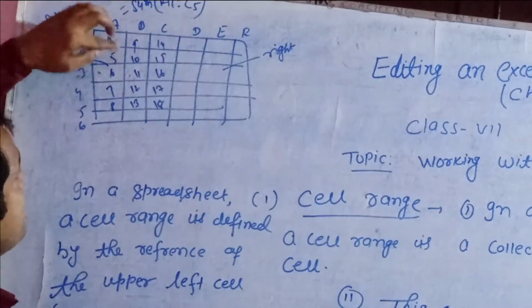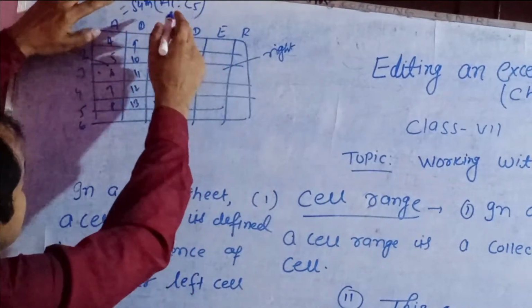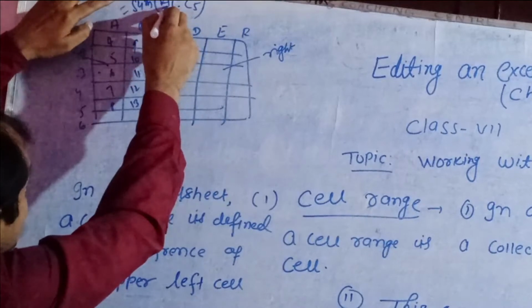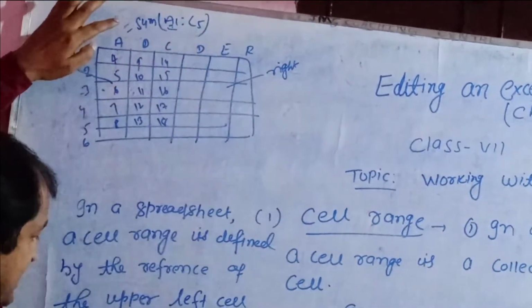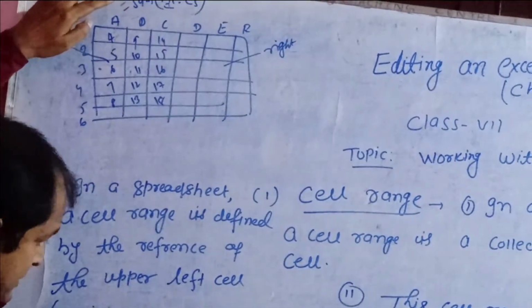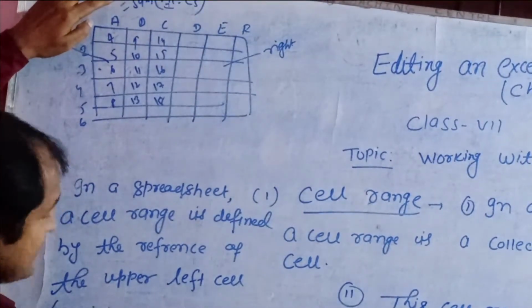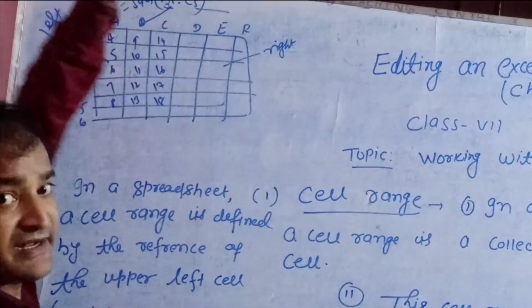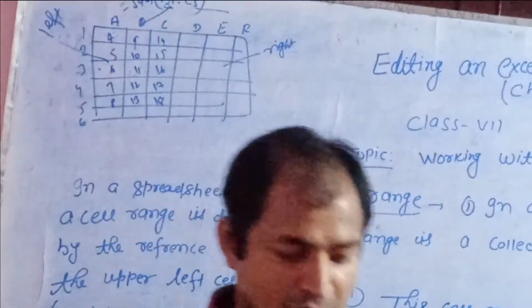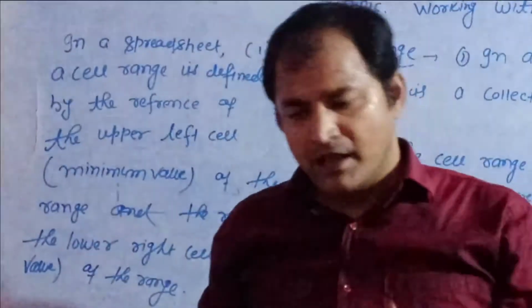This is the upper left cell, and C5 is the lower right cell. This is the example of this diagram.